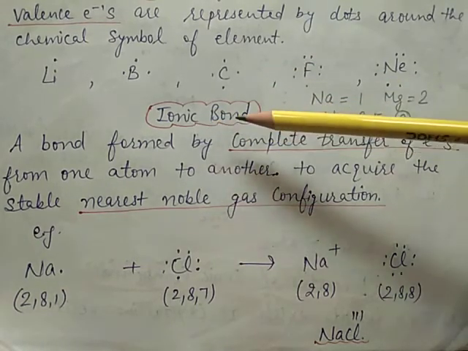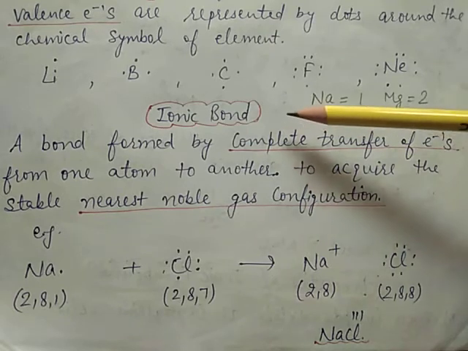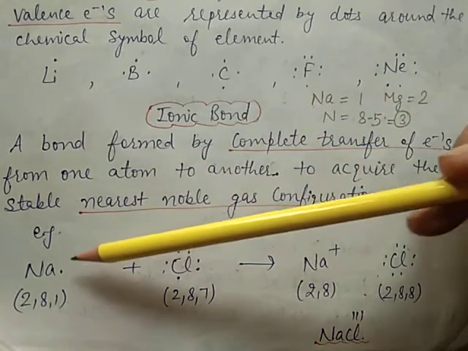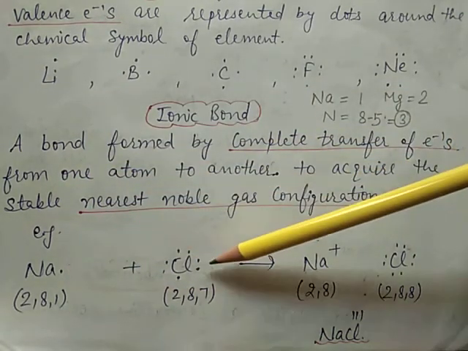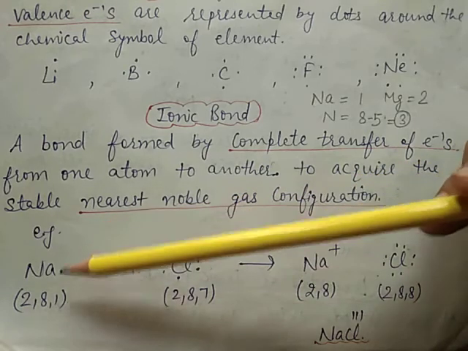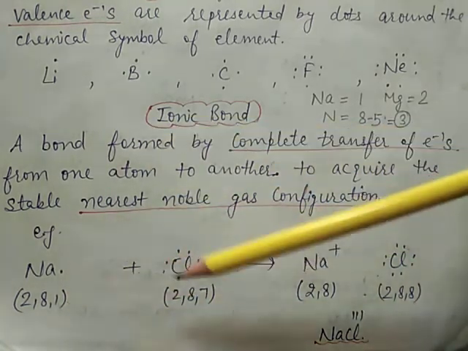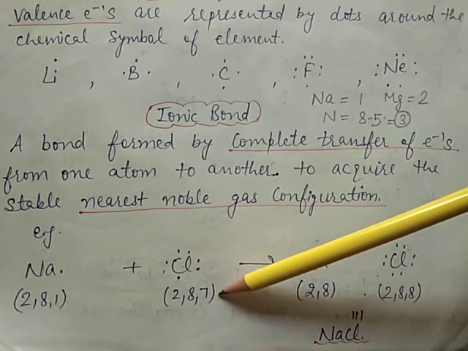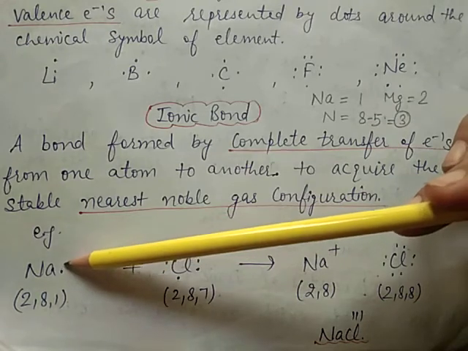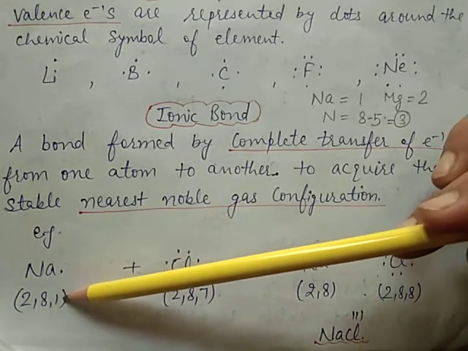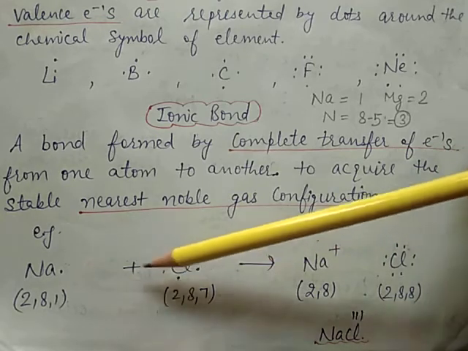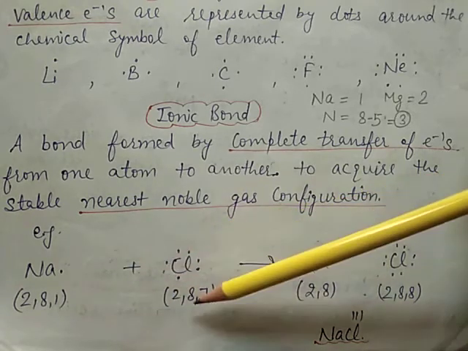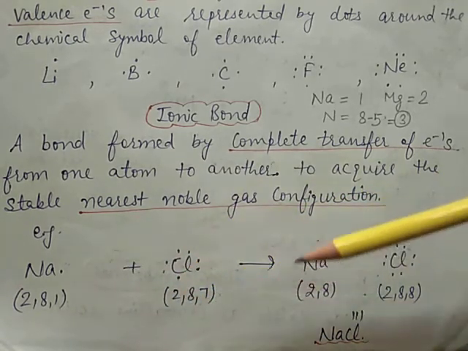Now next is ionic bond or electrovalent bond. Ionic bond means, suppose there are 2 atoms. This is atom A, this is atom B. Atom A has 1 extra electron and atom B needs 1 electron. So atom A transfers its 1 electron to atom B, and atom B gains this electron to form a stable configuration.